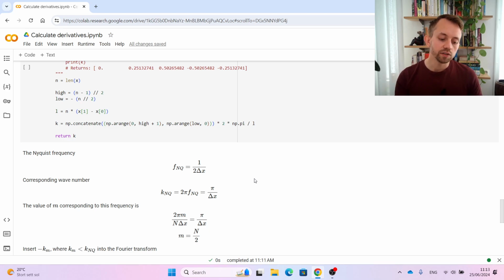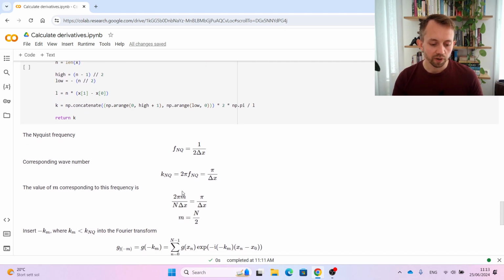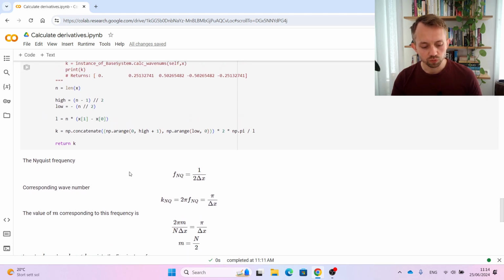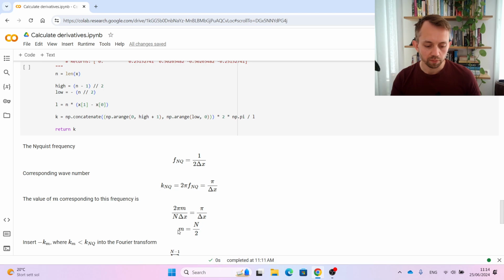And so the value of m which corresponds to this Nyquist frequency, or the Nyquist wave number if you like, is found by equating the expression for km to this here, and we find m equal to n over 2, which means that for the values of m from 0 to n over 2, these values of the wave number make sense, but beyond that we have to do something else.